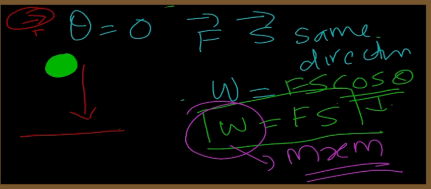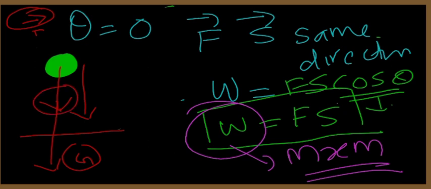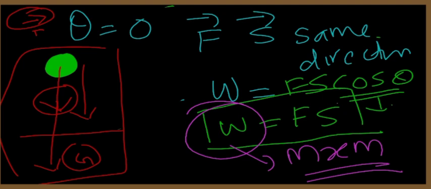So the force of gravity and the displacement of the ball are in the same direction, right? So this case is an example where work is maximum.